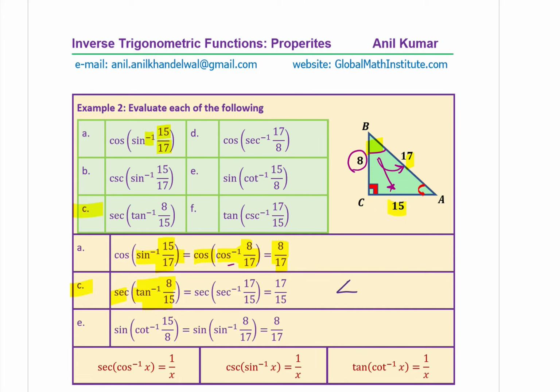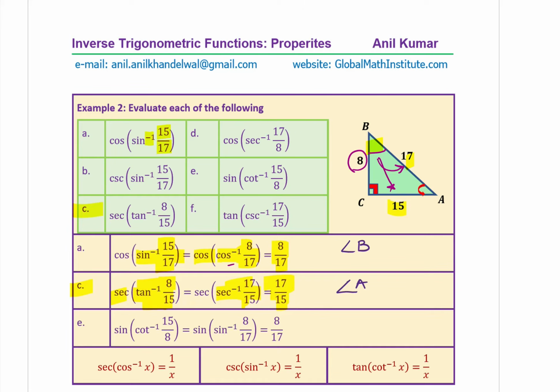So we're talking about angle A now. Earlier we were talking about angle B. So clearly, from the angle A side, secant will be what? The adjacent side is now 15, so it will be 17 over 15. So we can replace that with 17 over 15. Secant of secant inverse is the value itself, x. 17 over 15 becomes our answer.